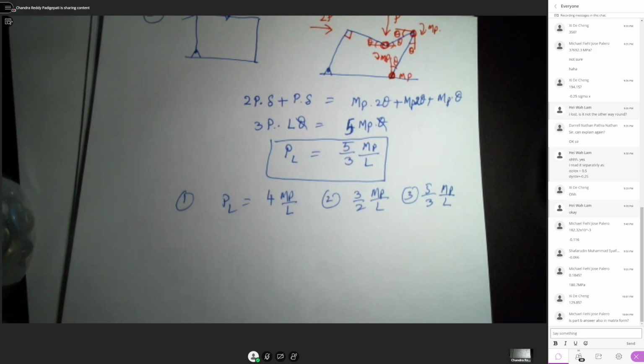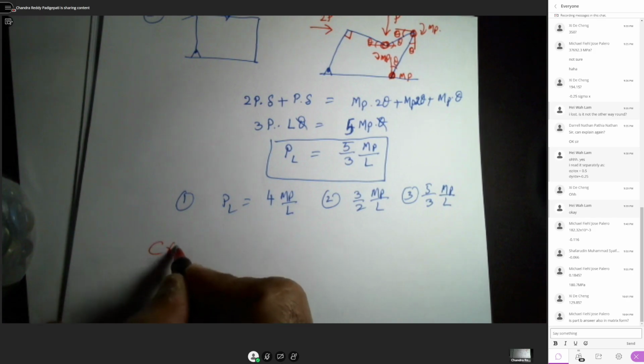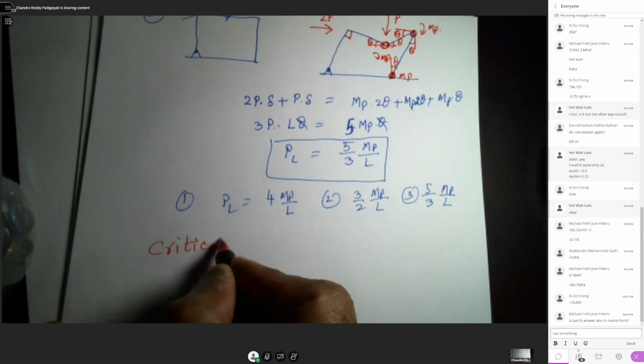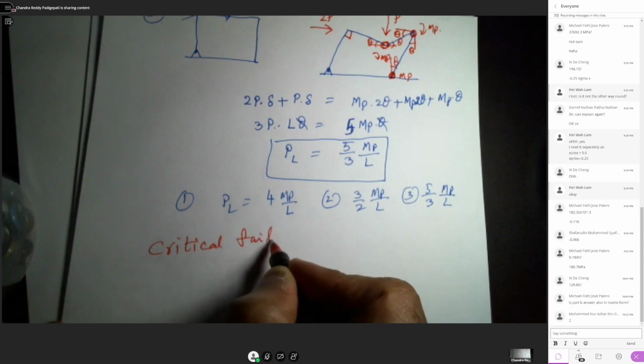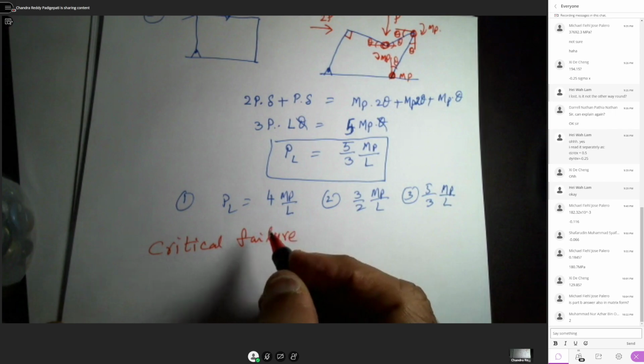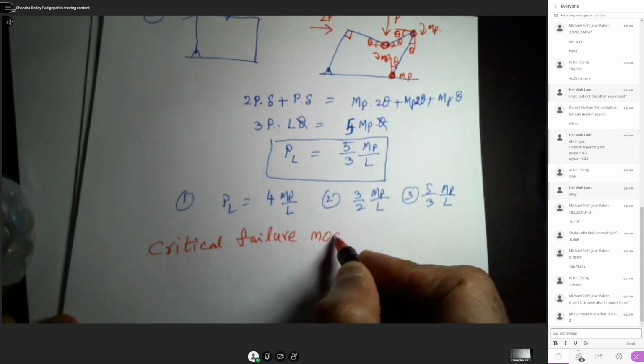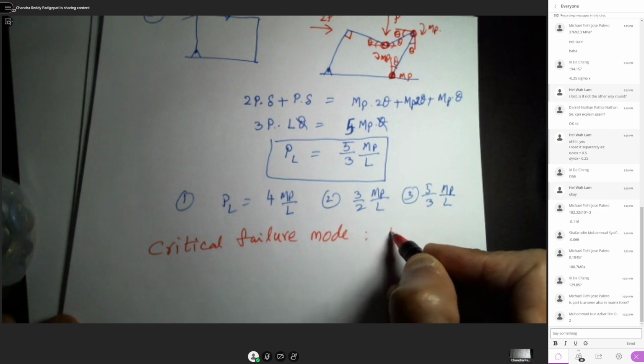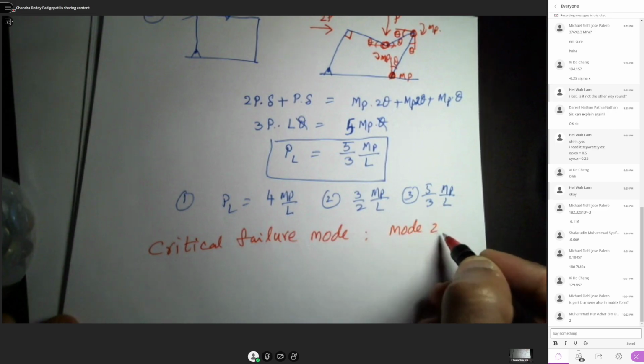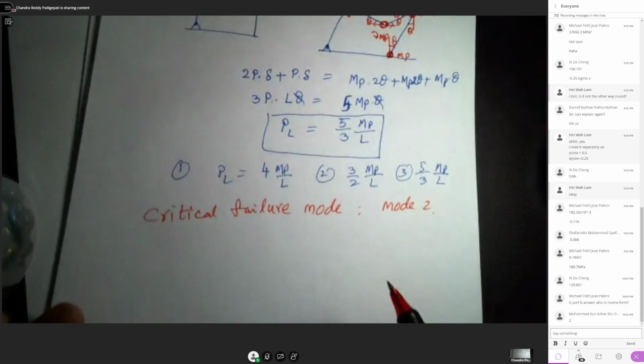Guys, can you pick up which one is the least one? So that will be the critical failure mode. That's correct, sir. So the critical failure mode will be mode 2. All right, so this is the complete answer for this part of the question.